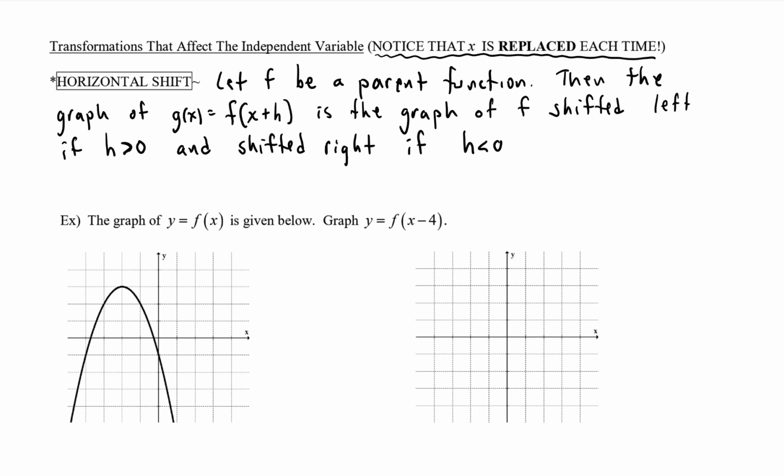So if you have x plus a number in the parentheses, you're actually shifting left. If you have x minus a number, you're actually shifting right.